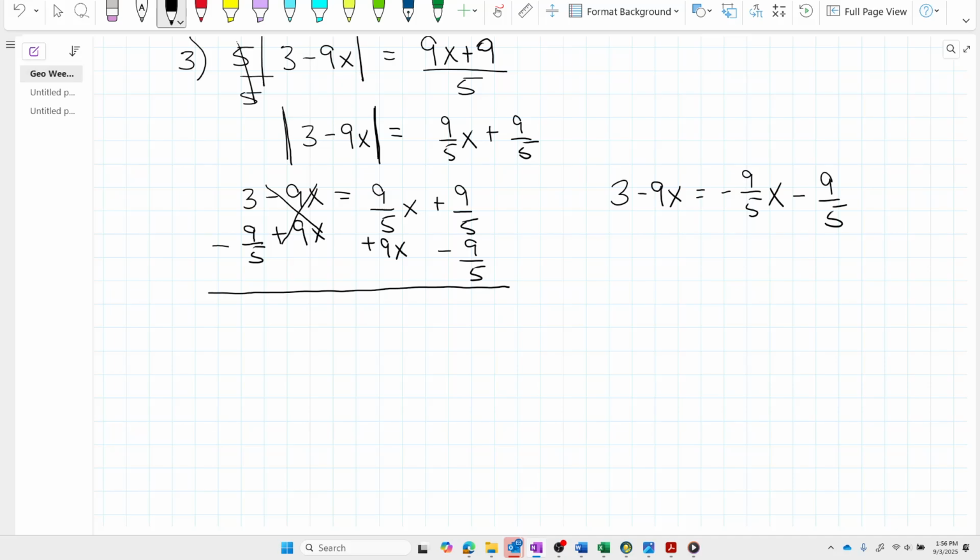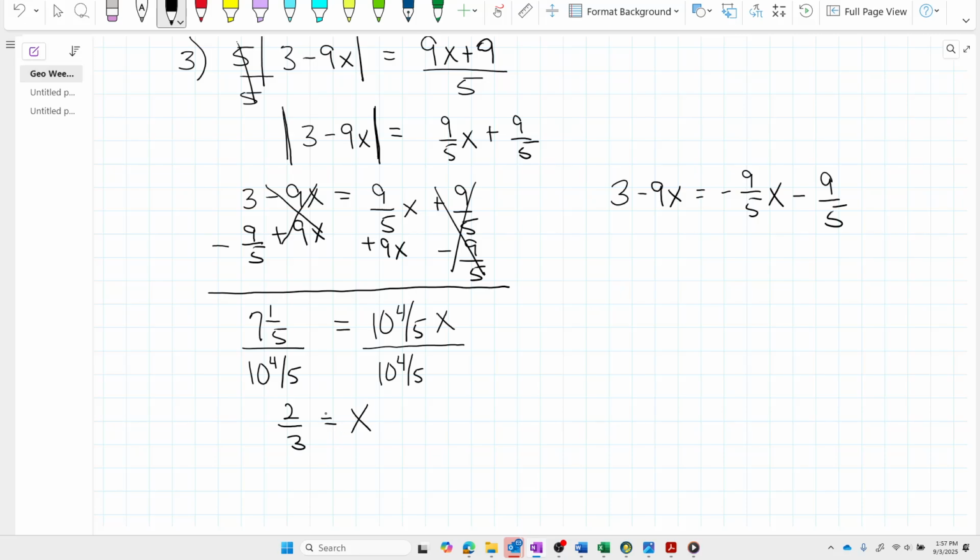So 3 minus 9/5 is 7 1/5, is equal to 9/5 x plus 9, 10 4/5. And these cancel. So we got to divide each side by 10 4/5. So 7 1/5 divided by 10 4/5 is 2/3, is equal to x. So there's one of your solutions.